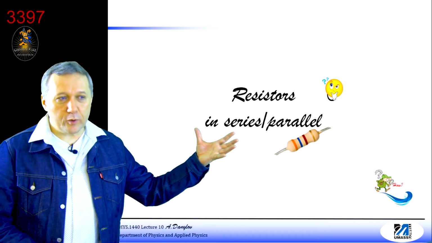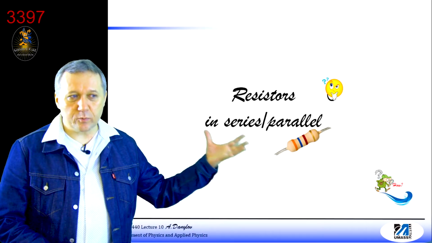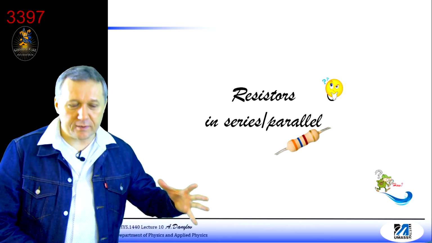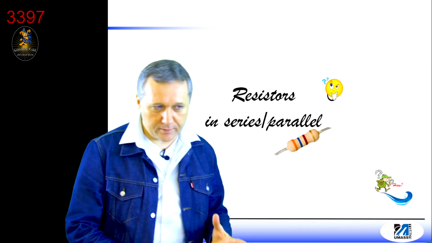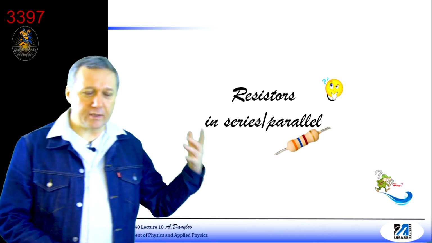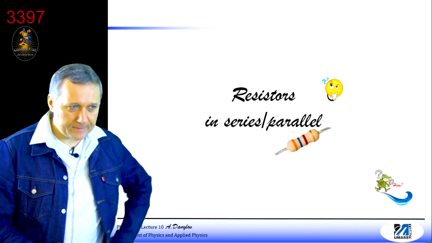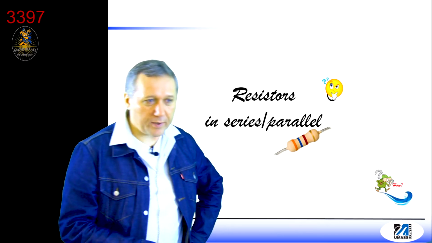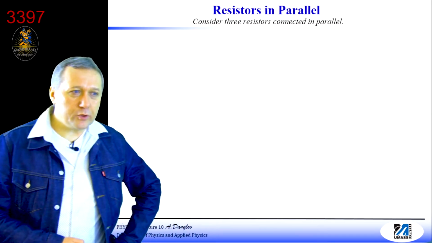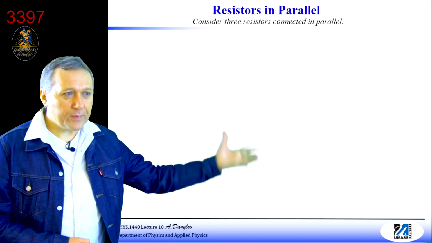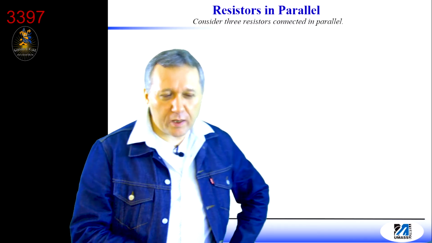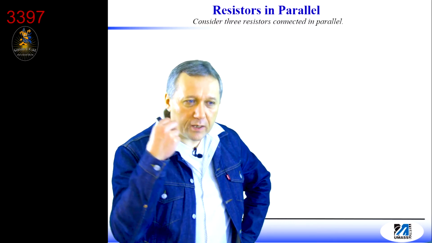So now we're going to restrict ourselves to the cases where resistors are connected either in series or in parallel. It's a significant limitation, because there are plenty of situations where resistors are connected neither in series nor in parallel. Now I'm planning to derive formulas similar to the ones we derived for capacitors.